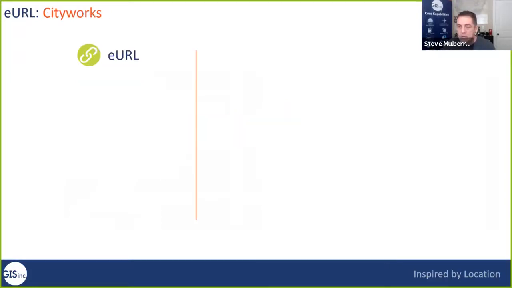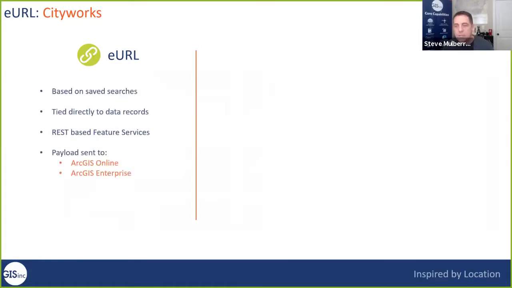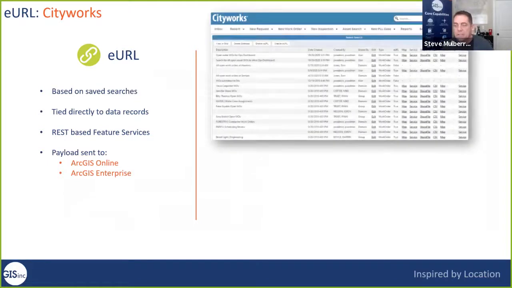Okay, EURL, Enterprise URL. Again, this is that CityWorks branded use of technology that's based off of saved searches inside of CityWorks. So inside CityWorks, I can manage all of my assets, my work orders, my service requests, those kinds of things, my permits. And these URLs are tied directly to the data records.